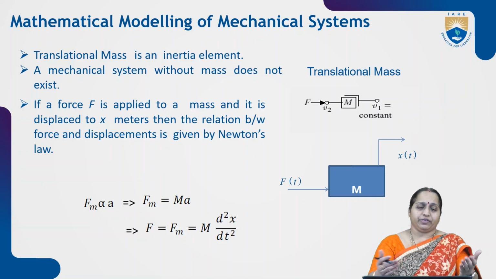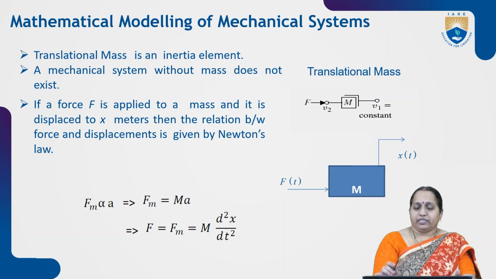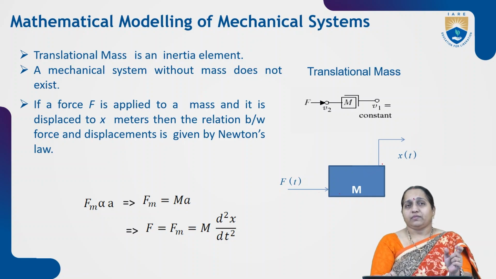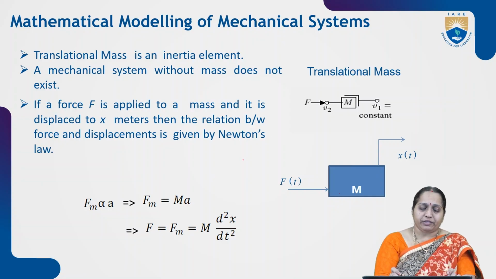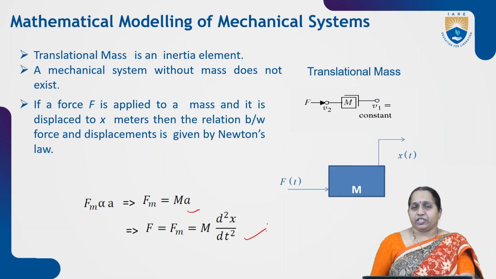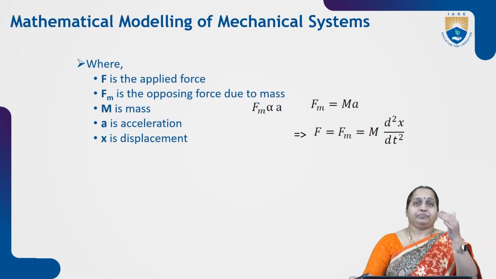What does Newton's second law state? Suppose this is a mass element, and you are applying some force F on this mass. If this object is displaced by x meters, then the relation between force and displacement is given by Newton's law, that is Fm equal to m into a, or m d square x by dt square, since a is dv by dt and v is dx by dt.